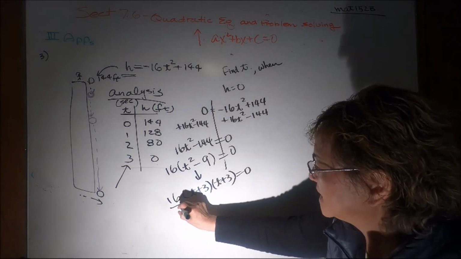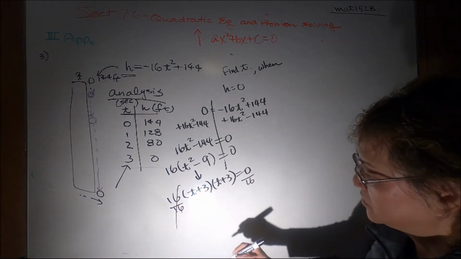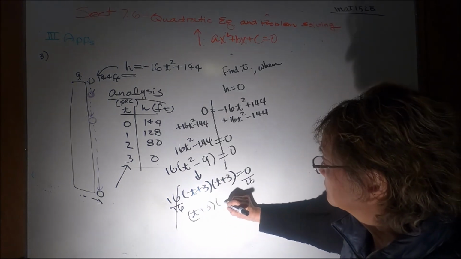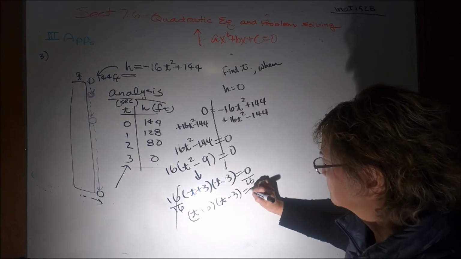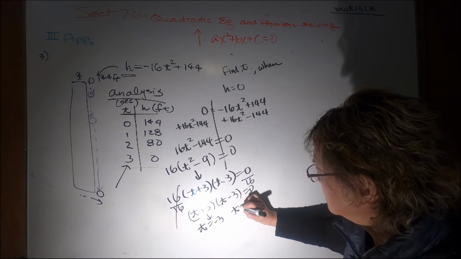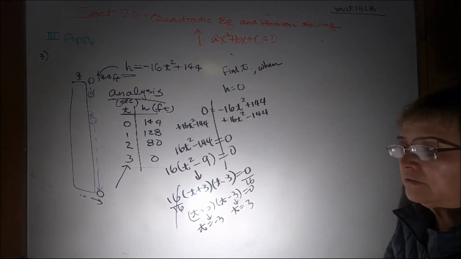Then 16 cannot be 0, so never mind, you can just divide it, ignore. Then you have this. One is minus. That means your t can be what? Negative 3, or t can be 3. Can we use t equals negative 3?